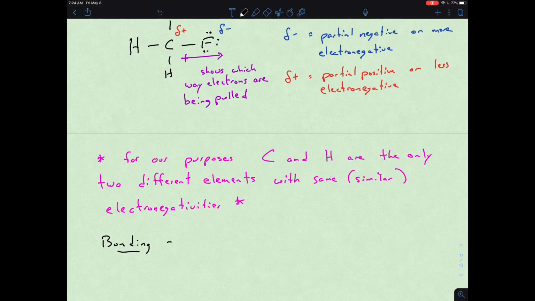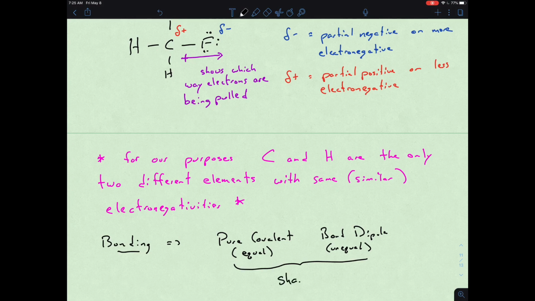With bonding, we can have that idea of a pure covalent or pure sharing. We now can have this idea of a bond dipole, which is still covalent. So this would be equal, this would be unequal, but both of these are still technically sharing of electrons.